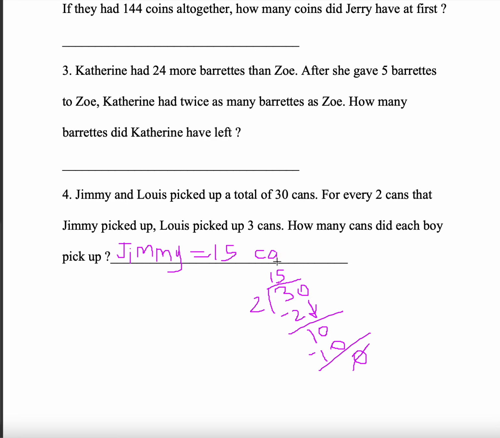And when we divide Lewis's cans, 3, by 30, we know that 3 divided by 3 is 1. And 30 has a 0, so we can just add that 0 to the 1.